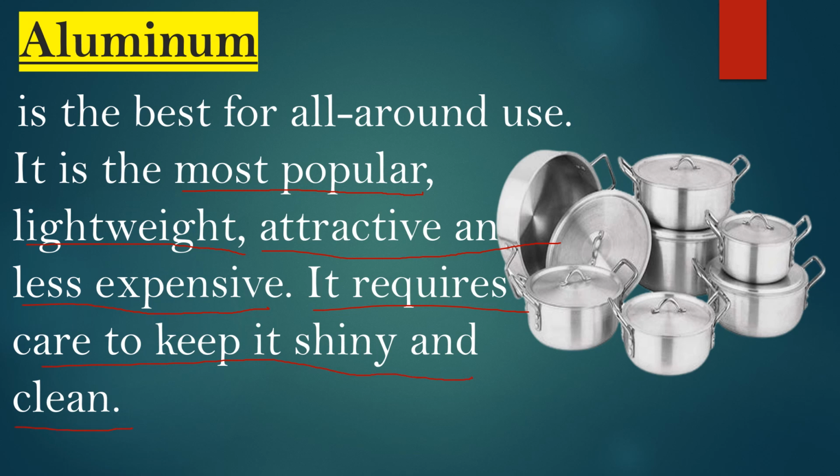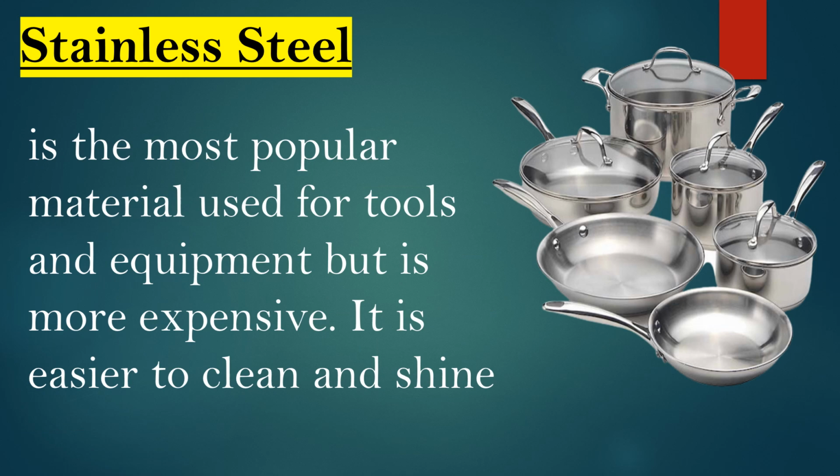Next naman natin is yung ating stainless steel. It is the most popular material used for tools and equipment, but it is more expensive. It is easier to clean and shine. Yung ating aluminum kanina, less expensive, and then yung ating stainless steel naman, it is more expensive.